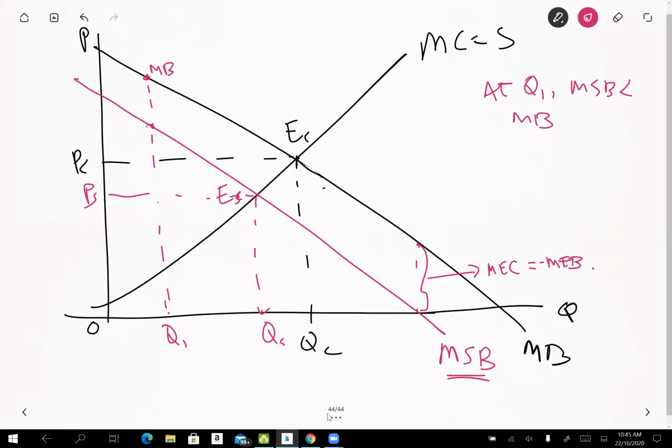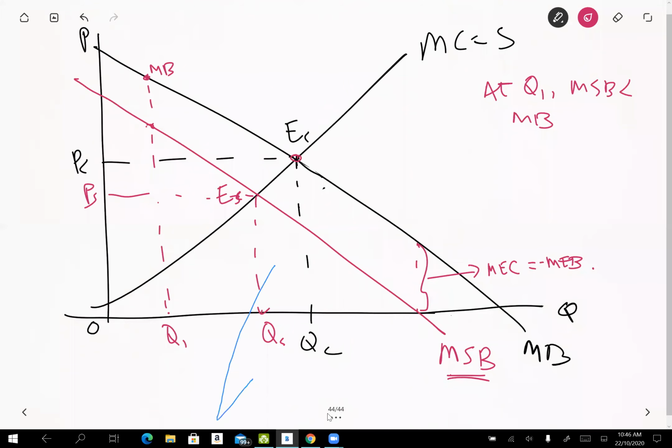Okay, now we just use the same approach. We look at the competitive equilibrium. I think we have done two models already. So what I want you to do is summarize the competitive equilibrium, then summarize the social equilibrium, and then make the comparison in terms of the quantity and the price. Okay.